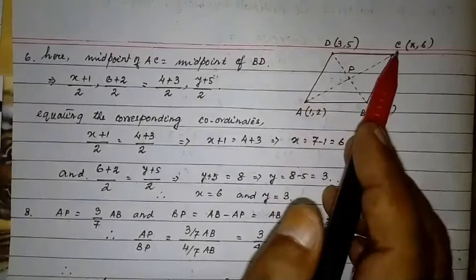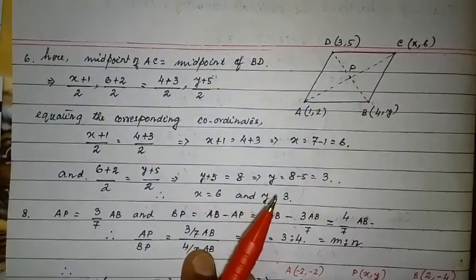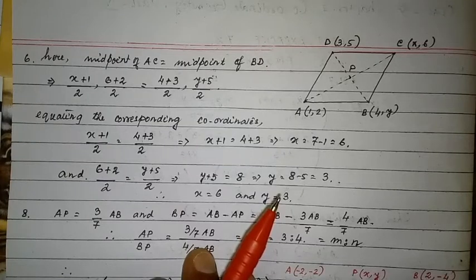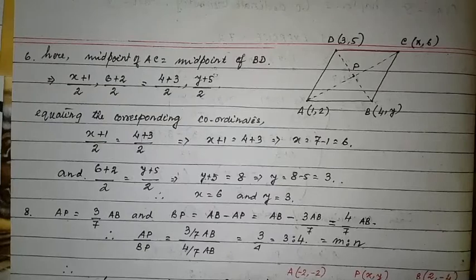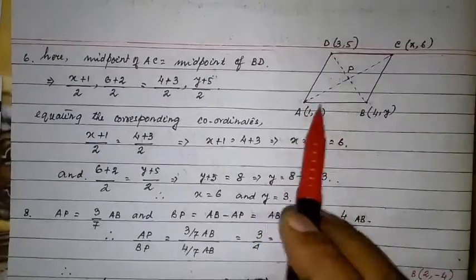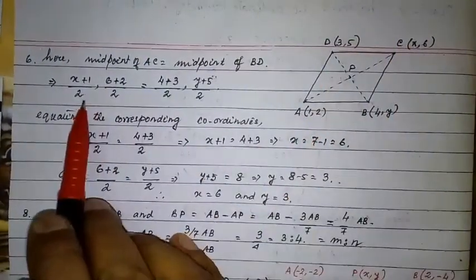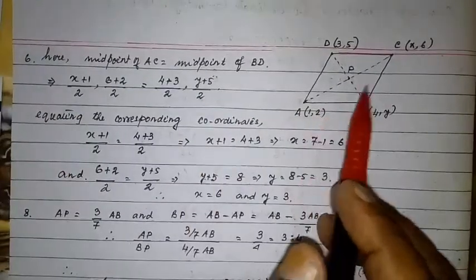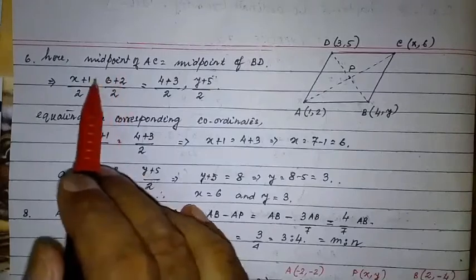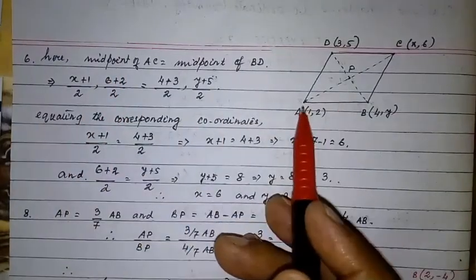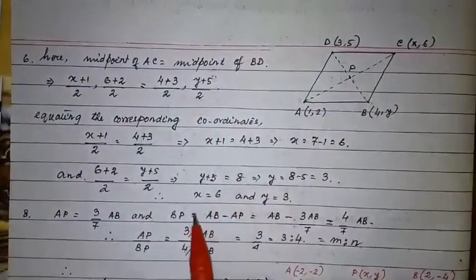Now midpoint of AC, using the formula you recall, ((x1 + x2)/2, (y1 + y2)/2). Now this implies ((1 + x)/2, (2 + 6)/2). So this is the x coordinate, this is the y coordinate, taking P as the midpoint of AC.